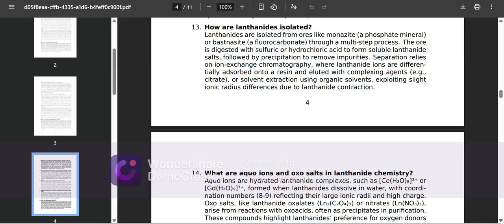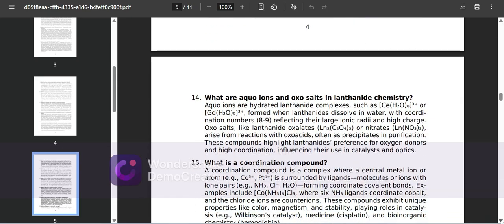The ore is digested with sulfuric or hydrochloric acid to form soluble lanthanide salts, followed by precipitation to remove impurities, and separation using ion exchange chromatography, where lanthanide ions are differentially adsorbed onto a resin and eluted with complexing agents, citrate, or solvent extraction using organic solvent, exploiting slight ionic radius differences due to lanthanide contraction.